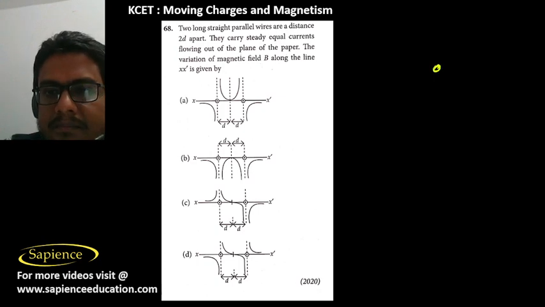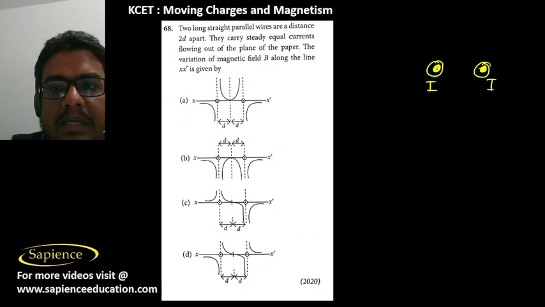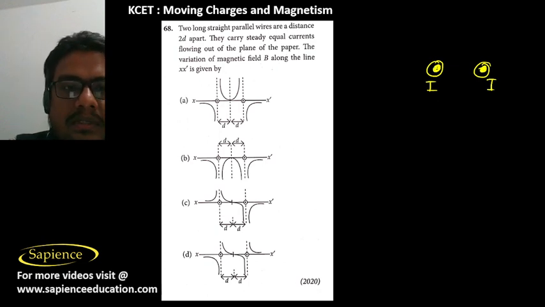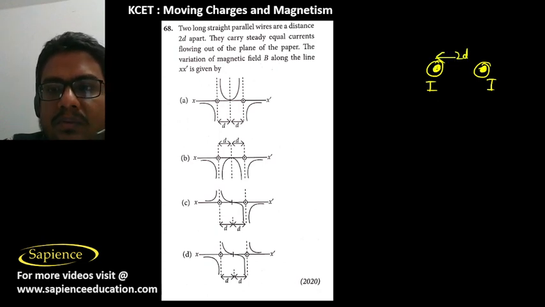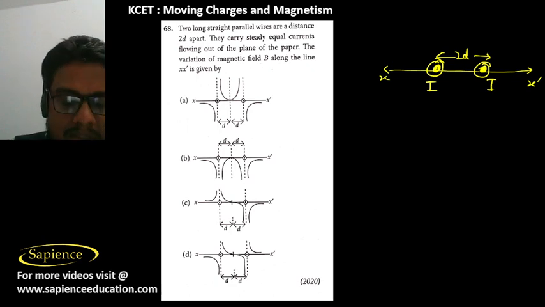So their currents are also the same, and they are at a distance 2d apart. The variation of the magnetic field along the line xx dash. How is that?